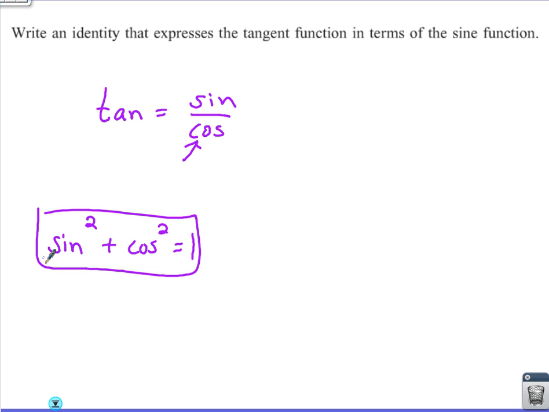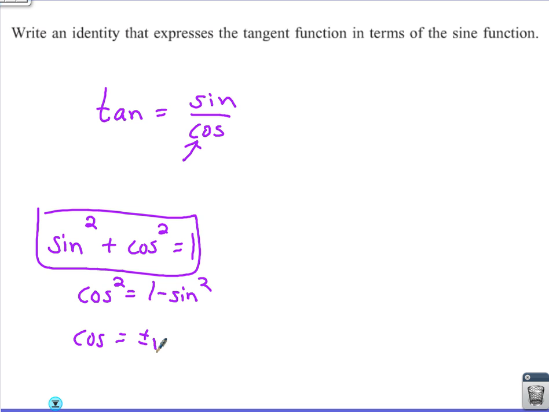Well, let's manipulate this a little bit and find out what cosine is equal to in terms of sine. First let's move our sine squared over. So I know cosine squared is 1 minus sine squared. Still don't have anything I can plug in for just cosine. I have cosine squared now. Get rid of the square by square rooting.